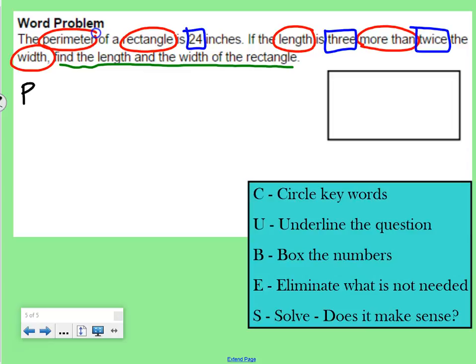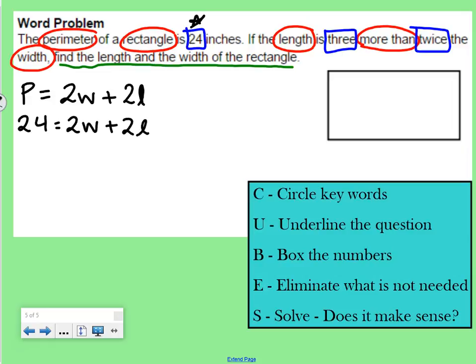Perimeter of a rectangle, our formula is 2w plus 2l. I'll make it cursive so it looks like an L. We know that the perimeter is 24, so we can say 24 equals 2w plus 2l.